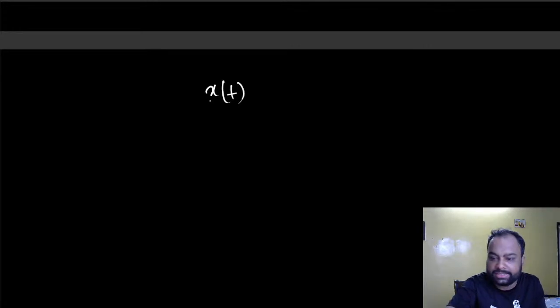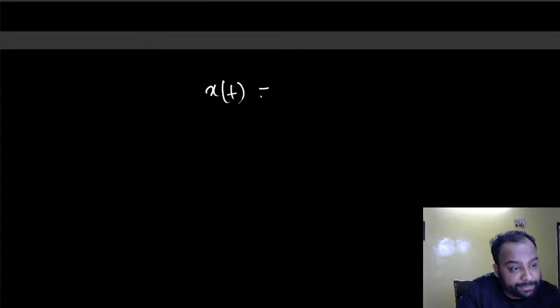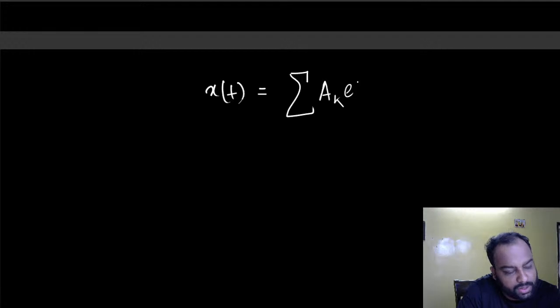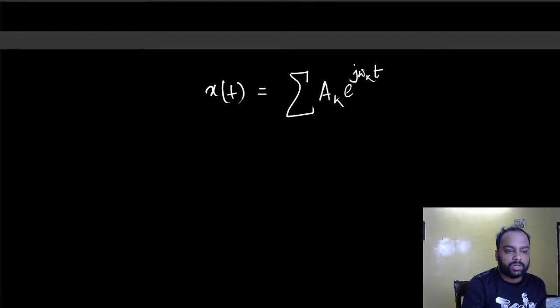But the point is that if x(t) is expressible in terms of sinusoids, then we can write something like this, so we would be able to express the signal as a sum of sinusoids.